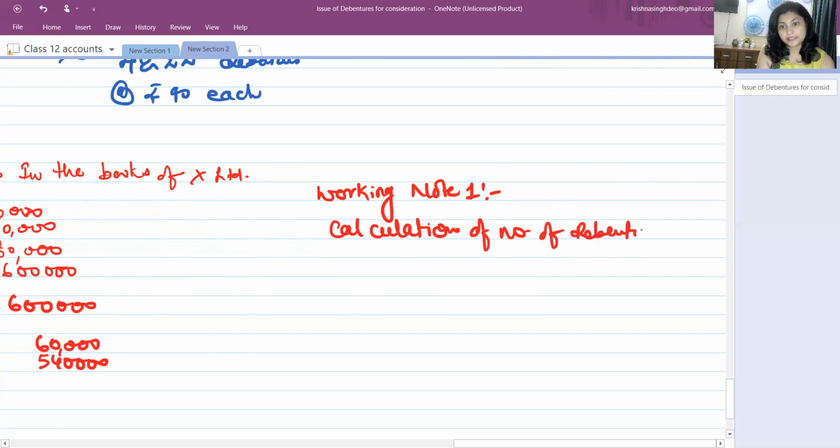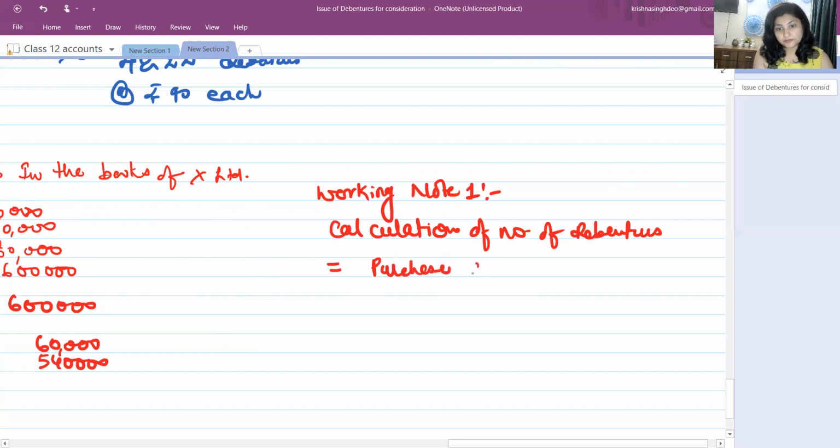See, don't be lazy in writing these working notes. For the same reason I write them over here, so that you do not become lazy. You have to write all these things in the exam. Otherwise the chances of losing marks will increase. So you should not give any chance to the examiner for deducting your marks.